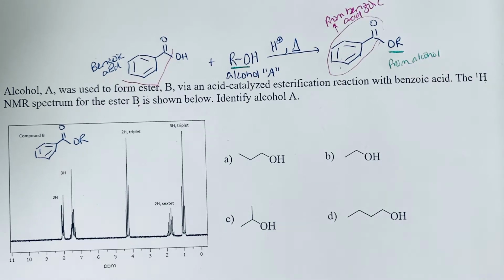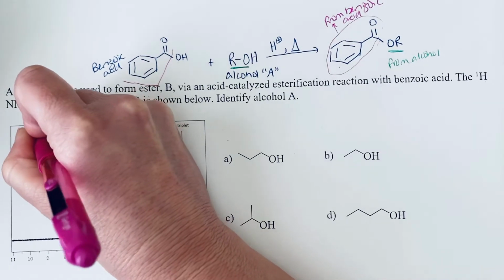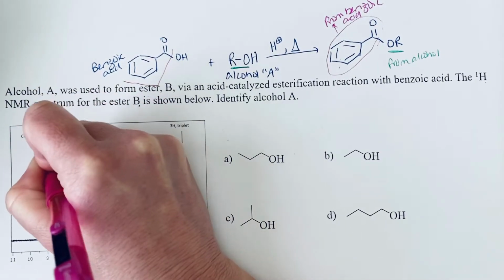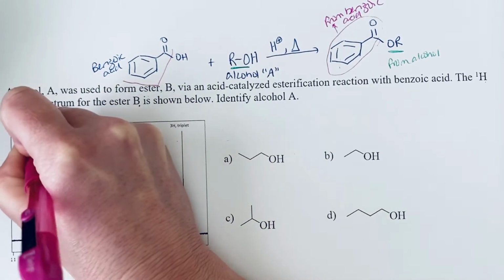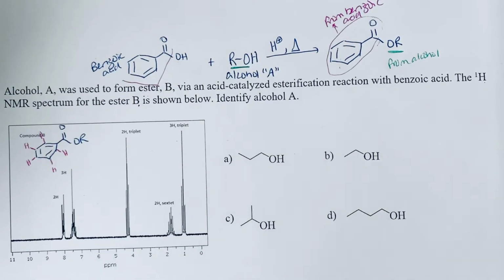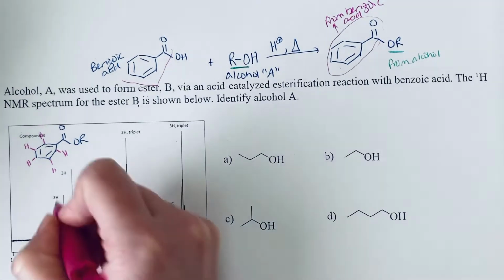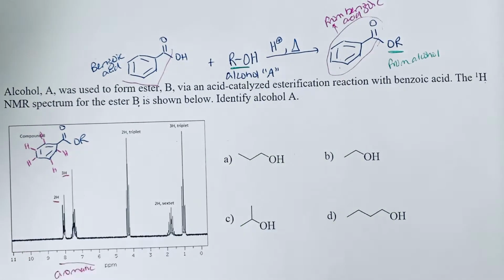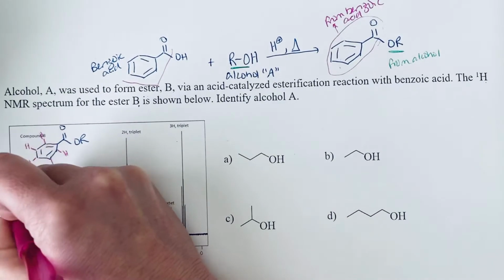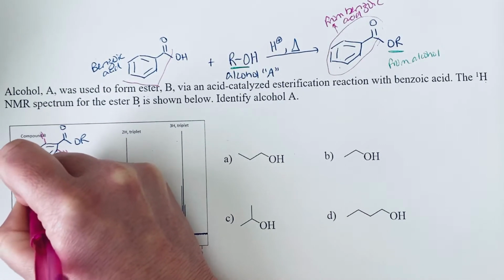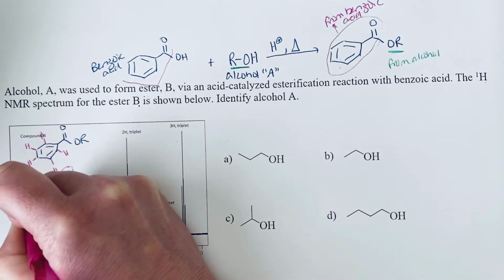On your benzene ring, you have 1, 2, 3, 4, 5 aromatic hydrogens. And what we see here is our aromatic region. We see 2 hydrogens and 3 hydrogens for a total of 5 aromatic hydrogens.